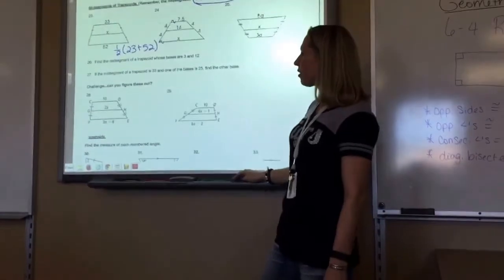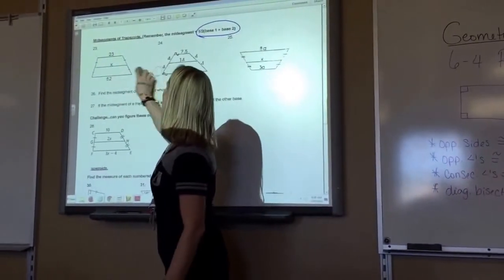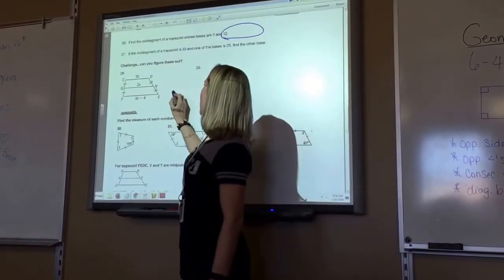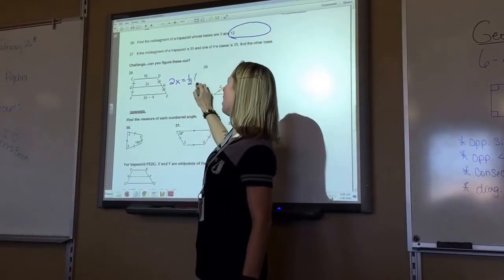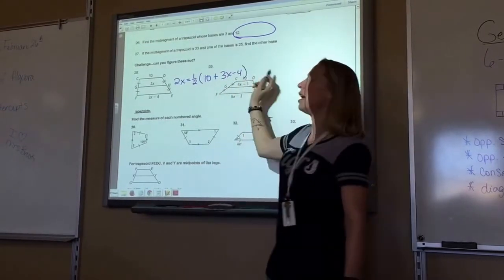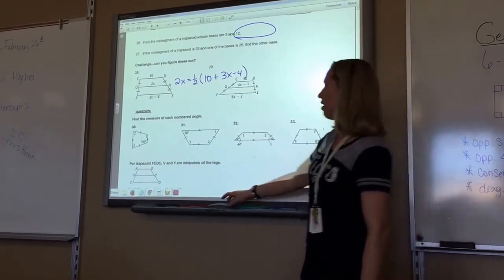the mid-segment. I have a couple challenge problems, so I wonder if you can figure those out. If you just set it up, 1/2, so the mid-segment would equal 1/2 base 1 plus base 2, and then you can solve it from there. So there's a hint. Let's see who can figure those out.